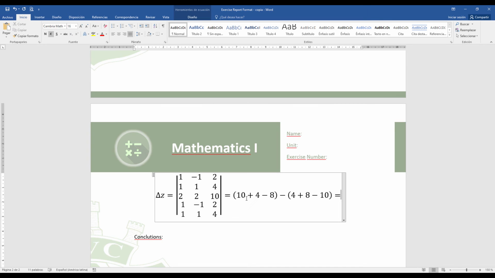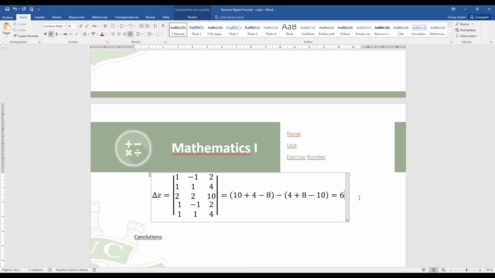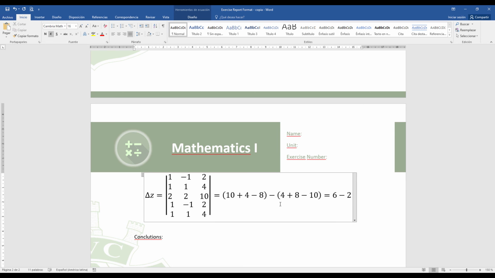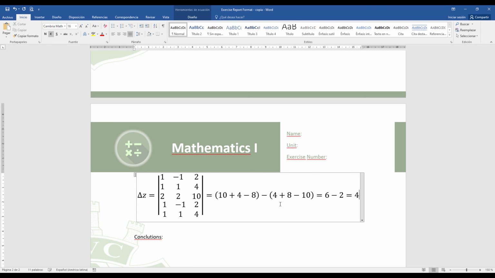So here is 14 minus 8 is 6, so here is 12 minus 10 is 2, minus 2. So this equals 4.